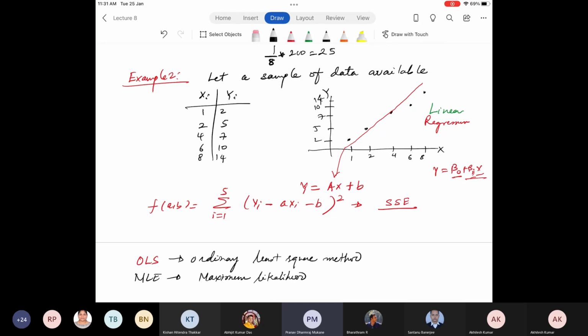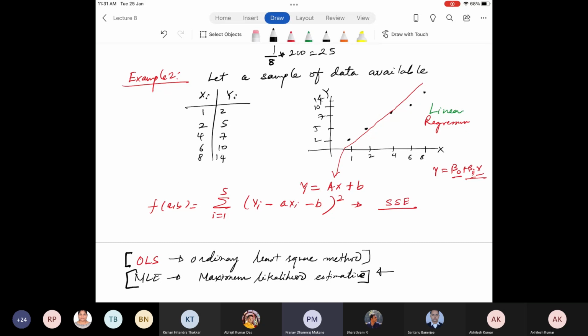Luckily for linear regression, both of them become equivalent. For maximum likelihood estimate, you need to know the distribution, which we generally assume for linear regression as normally distributed, right? Based on the distribution, we try to find the maximum likelihood estimate. But luckily, OLS also works for linear regression.